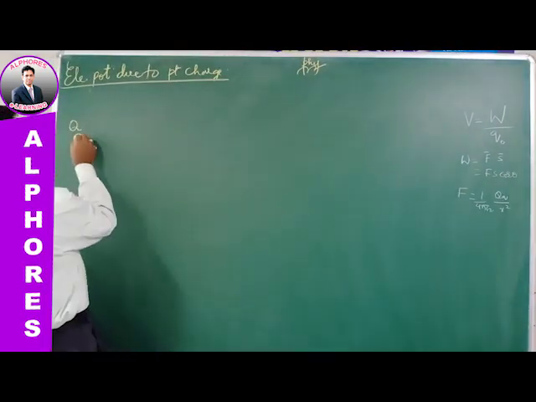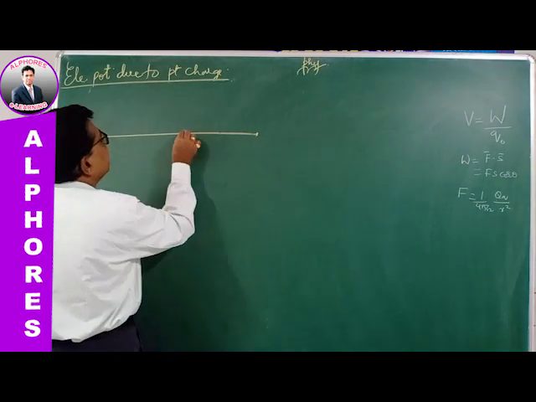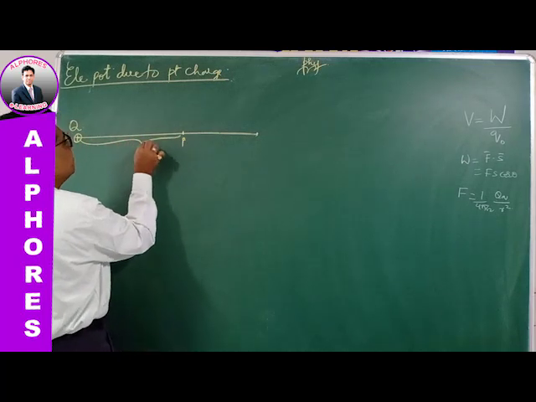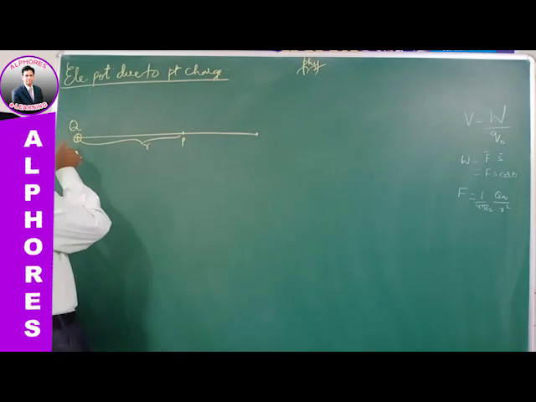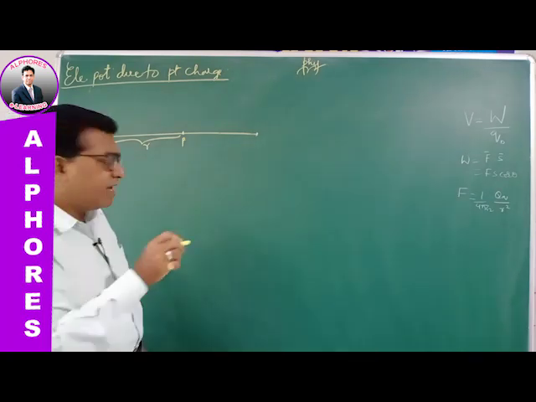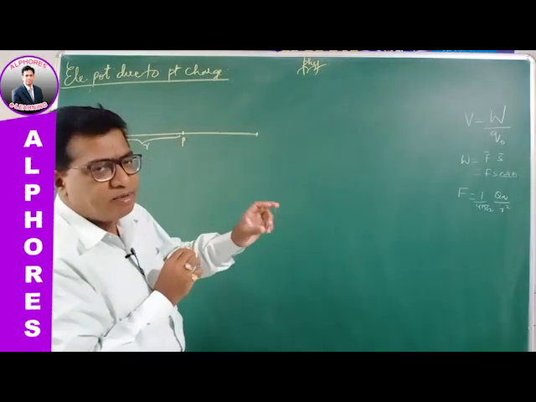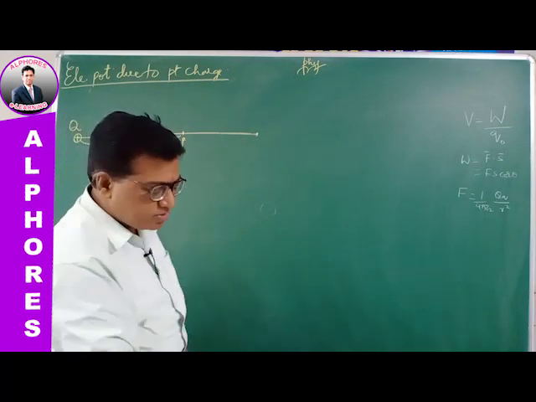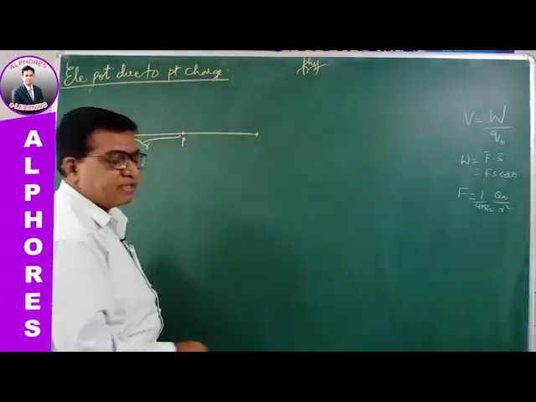Now I am considering a point P here, at a distance R. So the distance of the point P when compared to the size is negligible. I can take a small spherical ball, where the distance is more when compared to its size. So for all such cases you can apply this formula.